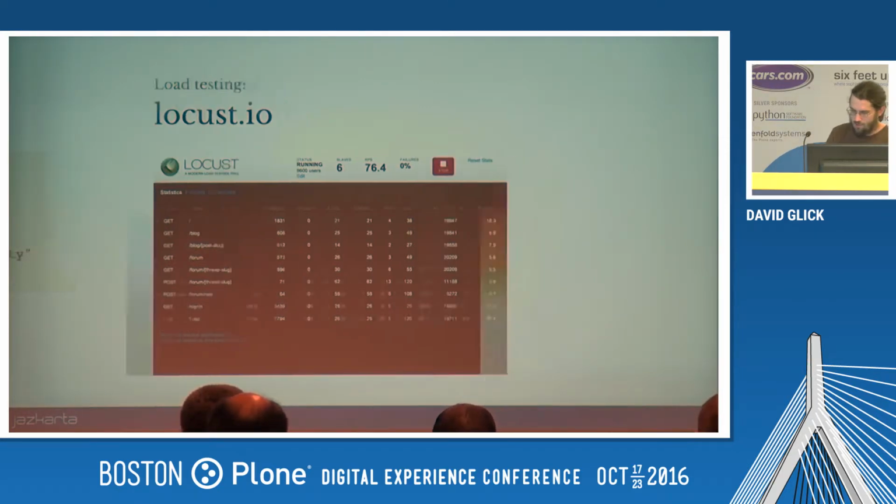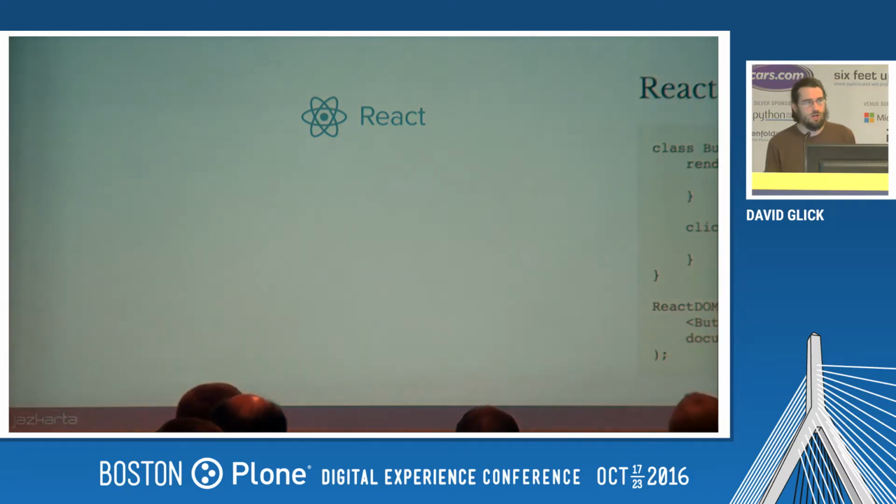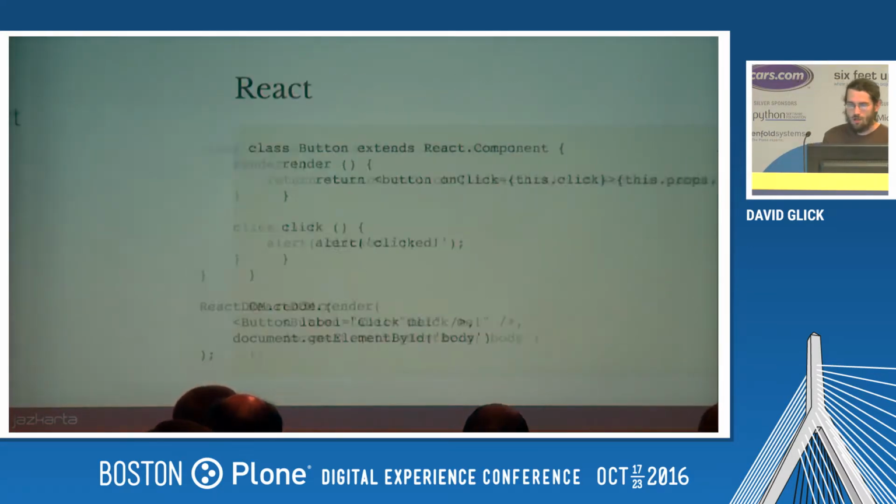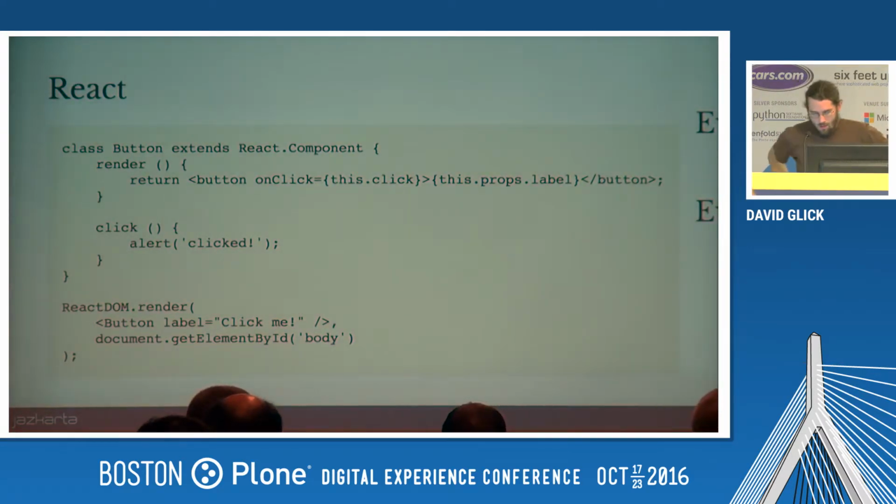All right, shifting gears, let's talk about the front end. Talk about React. React is a system for structuring your front-end code into components. It encourages using a syntax called JSX, which lets you mix HTML-like markup in with your JavaScript code. So it looks like this. Here we've got a button component.